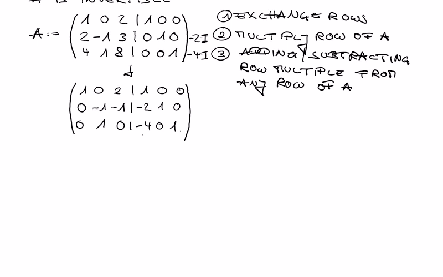Now actually we see that in the third row of our new matrix we have something that looks like the middle row of a 3x3 identity matrix. So what we can do now is exchange, because we are allowed to do that, so we're allowed to exchange rows. So we exchange these two rows.